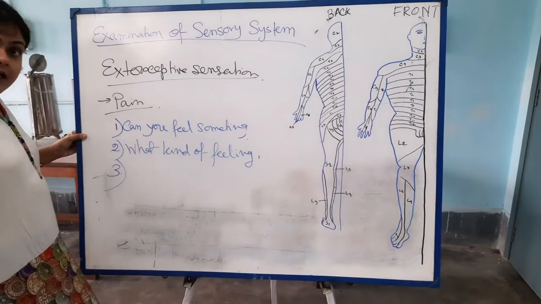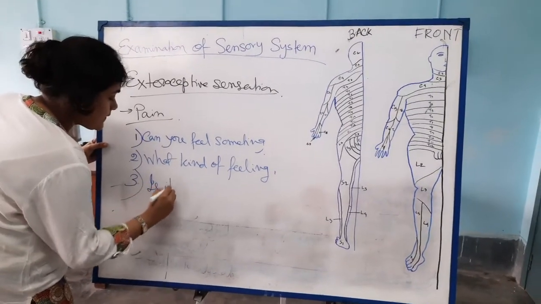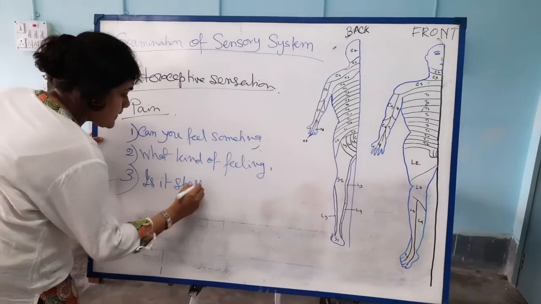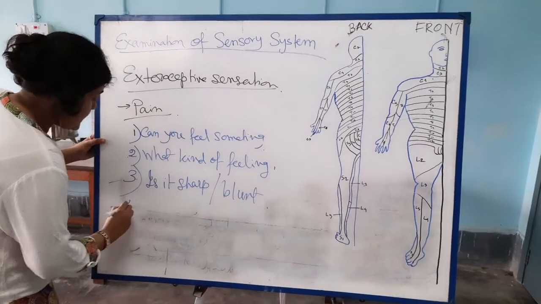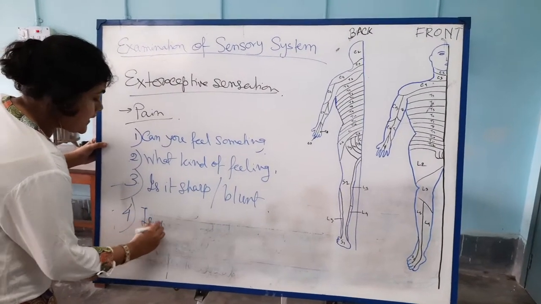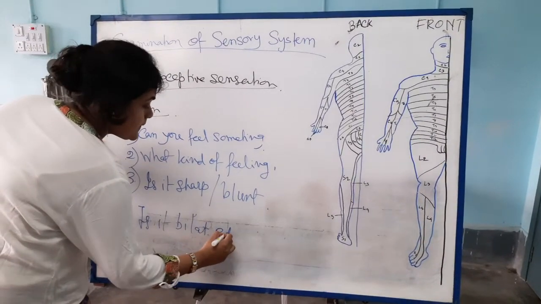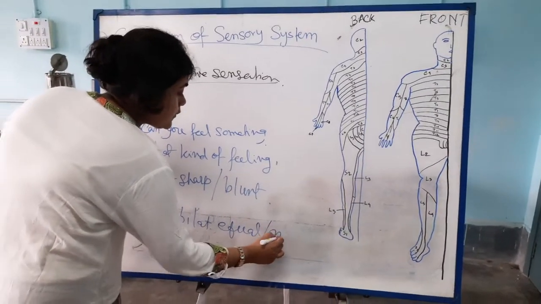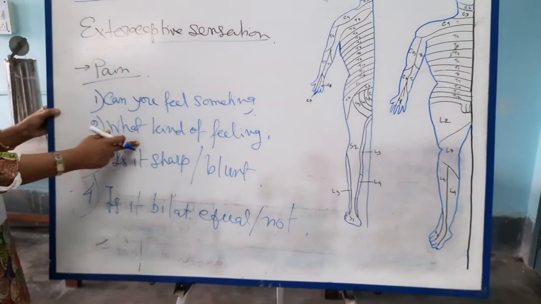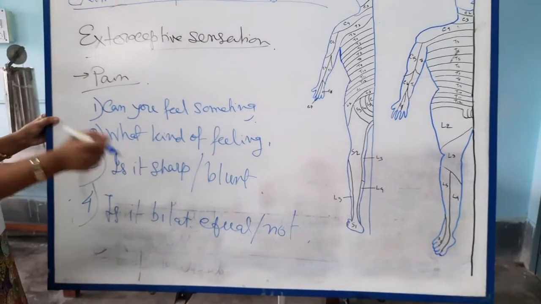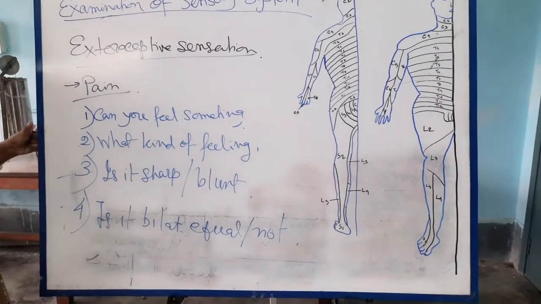If you feel a pointed sensation, is it sharp or blunt? Is it bilaterally equal or not? So, can you feel something? If yes, what kind of feeling is it? Is it sharp or blunt? If you can, state a point. And is it bilaterally equal or not?